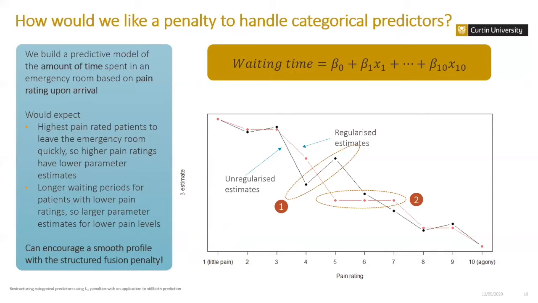So what we would also like to do is produce regularized estimates, that's the red line here. We have that downward trend, but in the bubble circled 2, we actually have the parameter estimates being identical. And what this allows us to do is create a grouping of these levels so that we can make interpretations about the group instead of the levels individually.